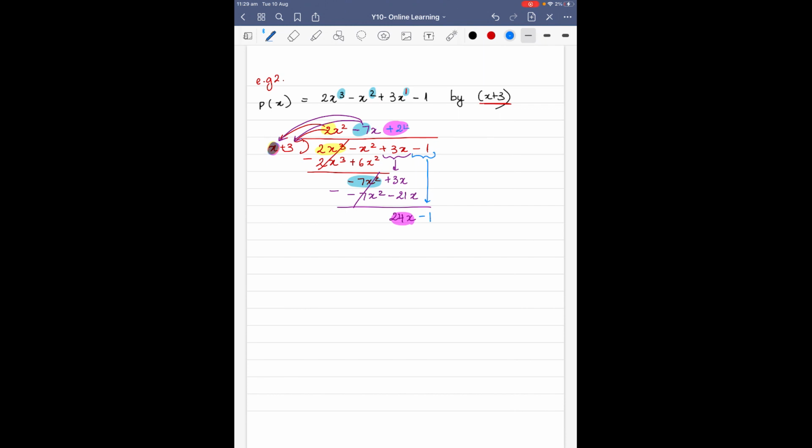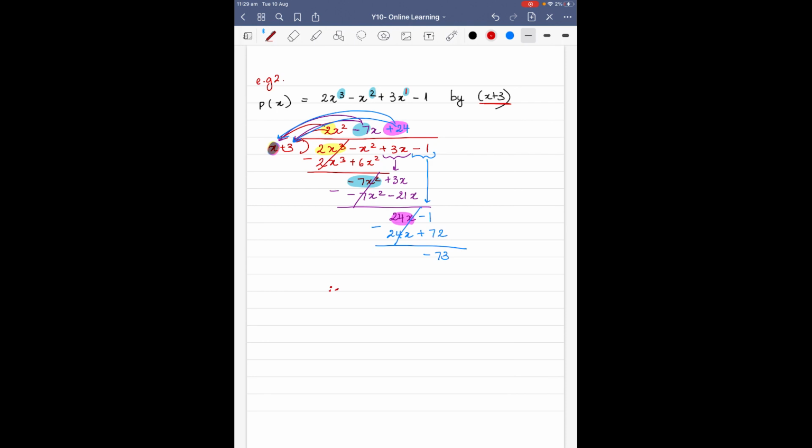And we know positive 24 times x gives you 24x. Positive 24 times positive 3 is going to give you 72. Find your remainder. That cancels. Minus 1 minus 72 is minus 73, and that's your remainder.